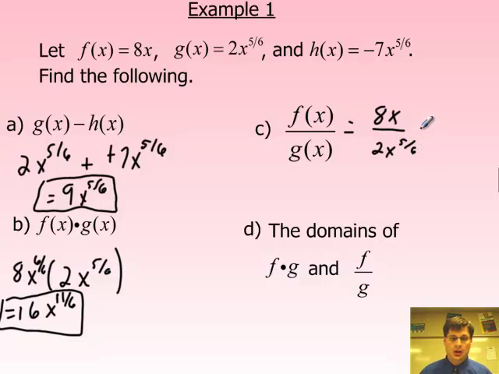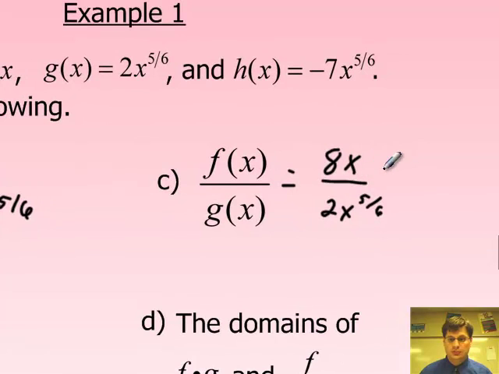Once again, we'll just perform this operation like we've done many times before. Really the only thing new is the notation with the functions, and this is going to be x to the 6/6. And remember, we're going to subtract our exponents when we divide, so that's going to be x to the 1/6 power.